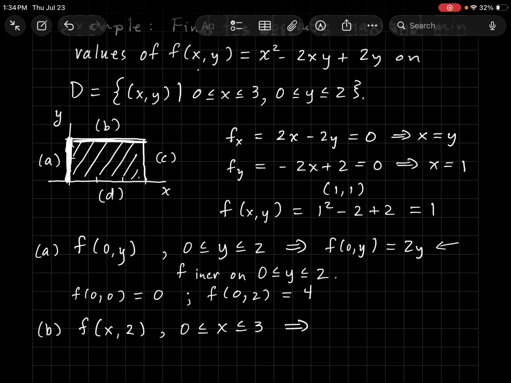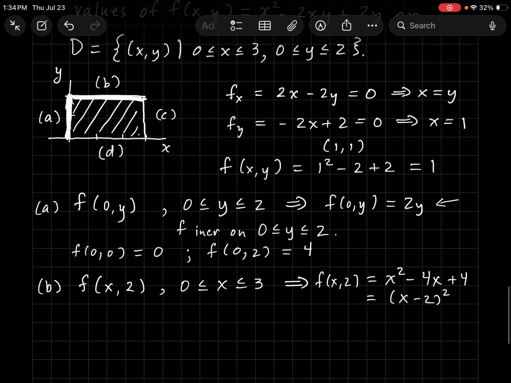So if I plug in x for x and then 2 for y, we end up with x squared minus 4x plus 4, which equals x minus 2 squared.